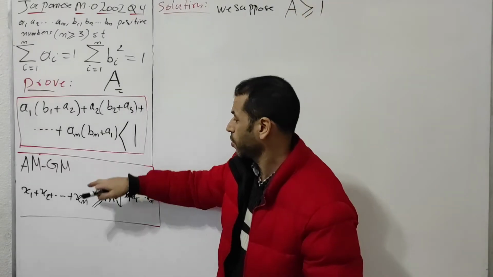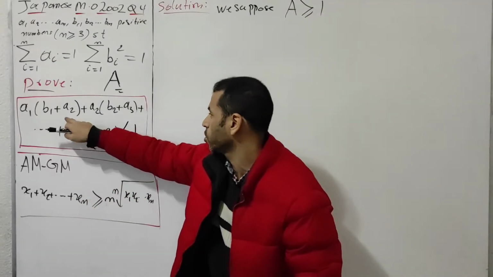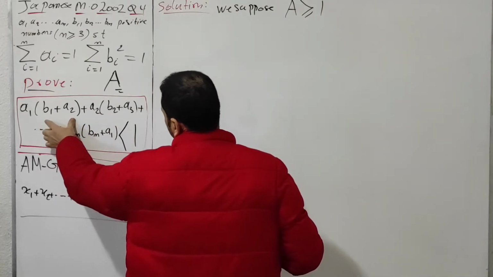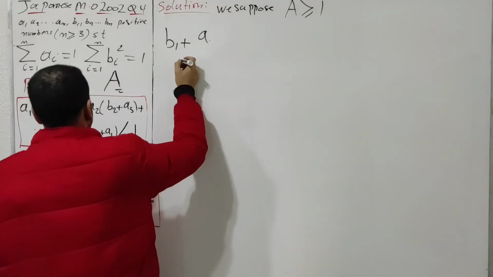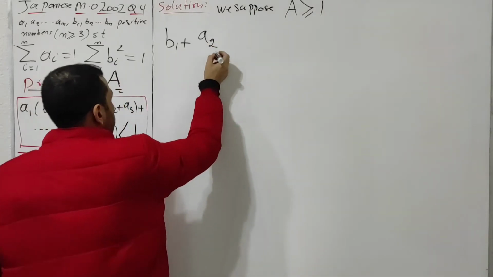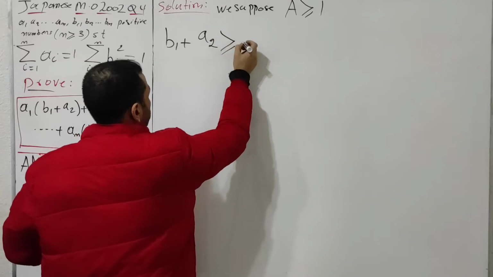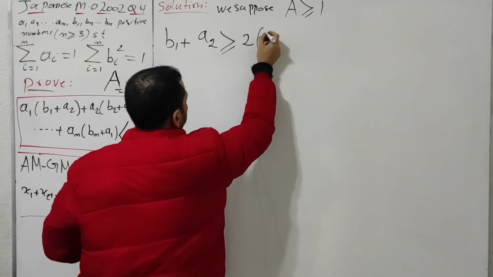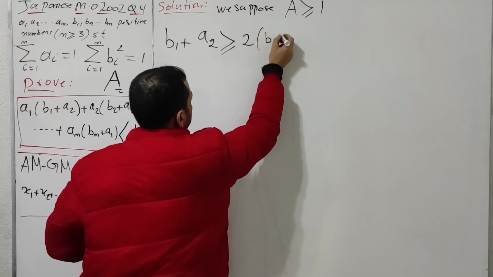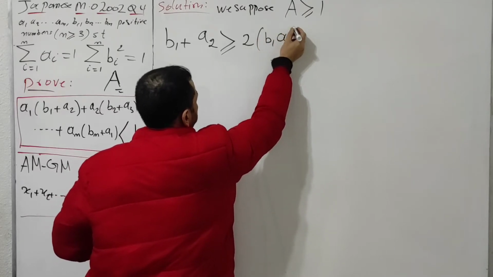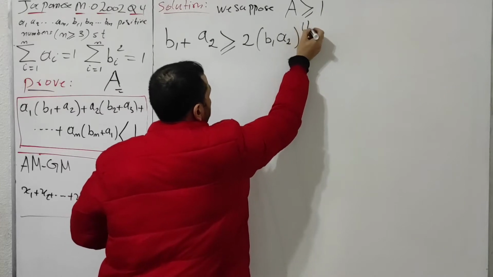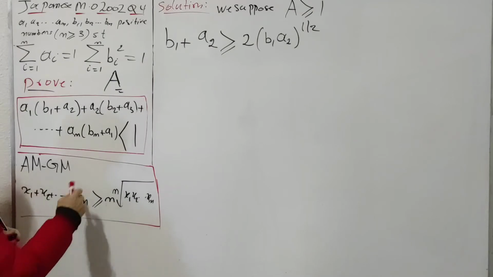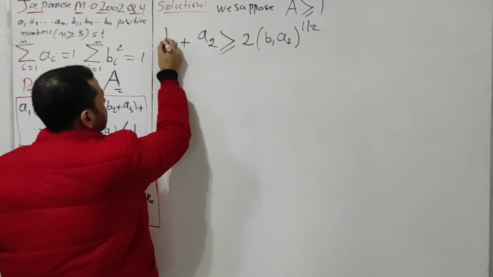I'm going to apply AM-GM on individual terms. On the first term, b_1 + a_2 is greater than or equal to 2 times the product of these two numbers, b_1 a_2, to the power 1 over 2, then I multiply both sides by a_1.